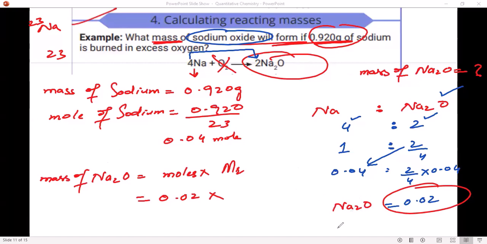No. Sodium 23, how many sodium? 2, so multiply by 2, oxygen is 16. So 23 times 2 plus 16, 62. I'm sorry, 62. Let me try again in the calculation. We can make mistakes. Yes, 62 times 0.02. I am getting 1.24 gram. Interesting.